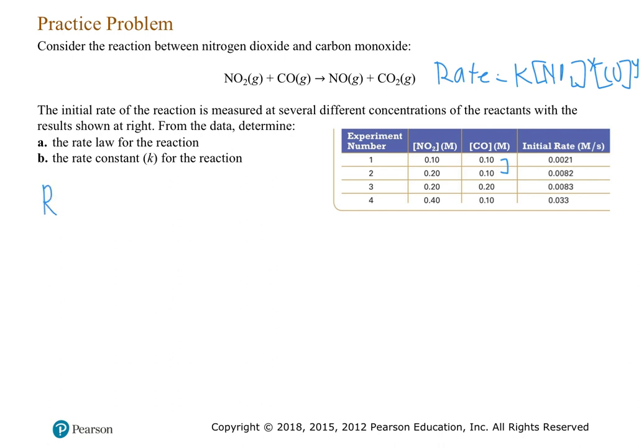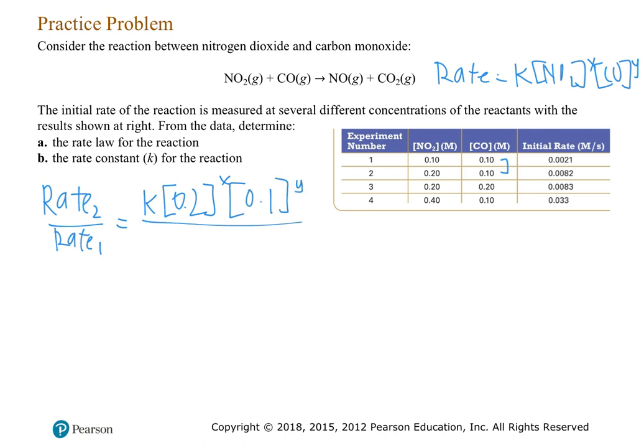So I'll show you. We're going to do rate of the second one over rate of the first one. And that's going to give us K times nitrogen dioxide to the x over carbon monoxide. And actually I'm going to plug in those values so we can see it. Nope, we're doing it for the second one: 0.2 molar to the x, and then 0.1 molar to the y for carbon monoxide.